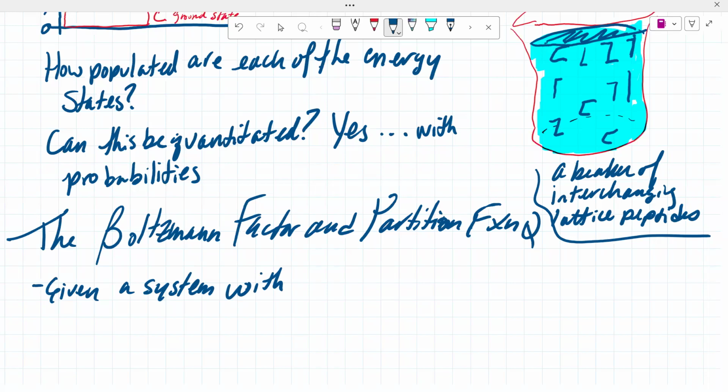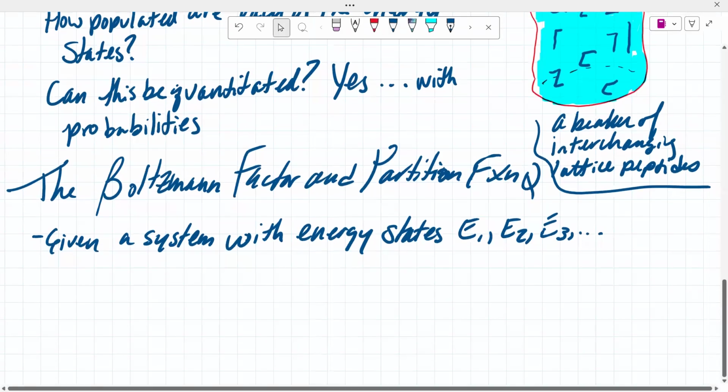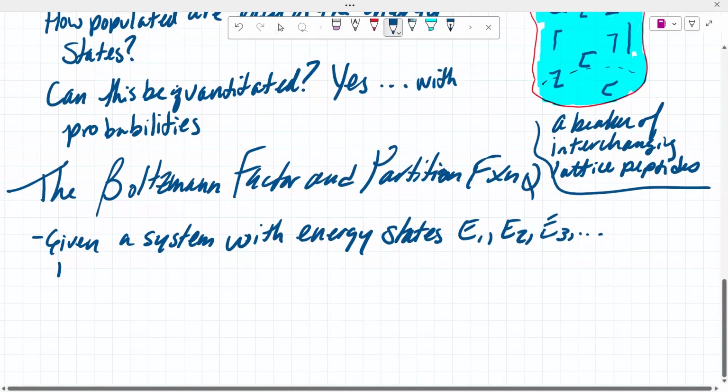Well, that's why we just drew the energy diagram: E1, E2, E3, and so on. The probability that the system will be in a state is going to depend exponentially on the energy of the state. That pretty much sums it up.